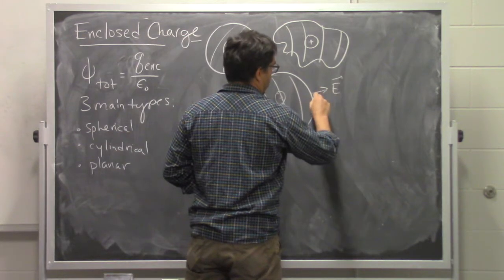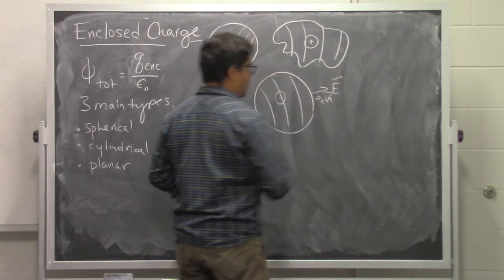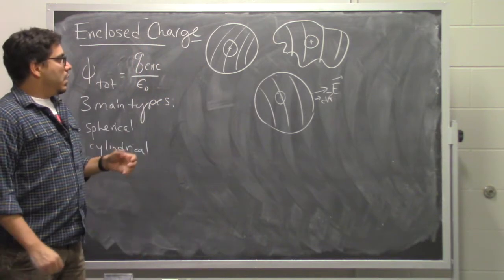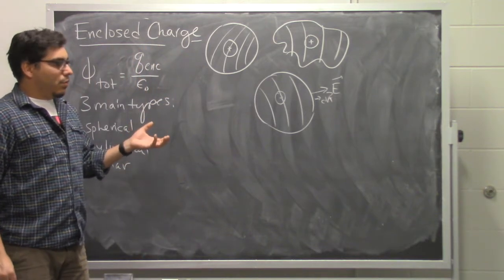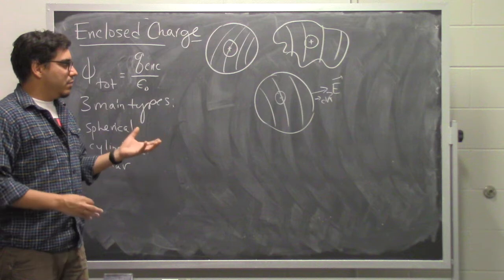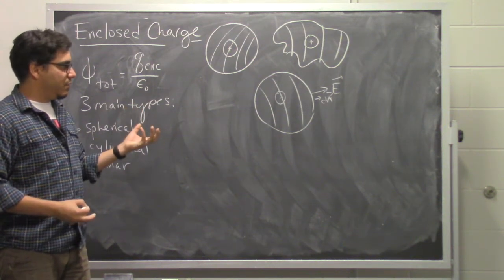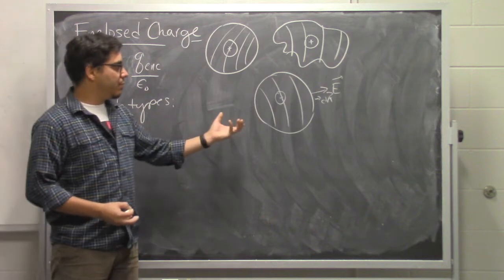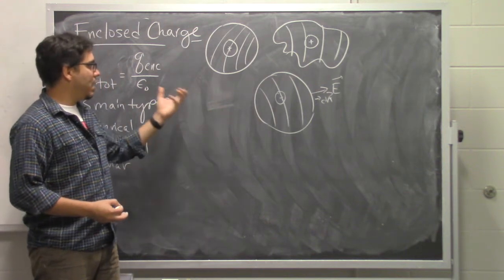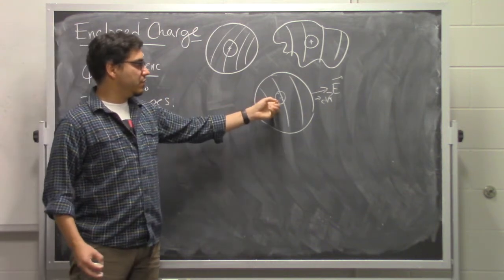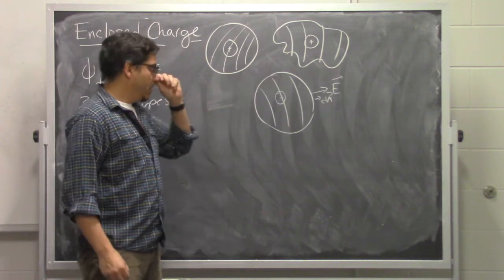So in this case, it looks kind of like that. And so this allows me to calculate the total electric flux rather straightforwardly, like you saw in the last video. But it also gives me a very clear answer to how much is the total flux. It's whatever this charge is divided by epsilon 0, right?